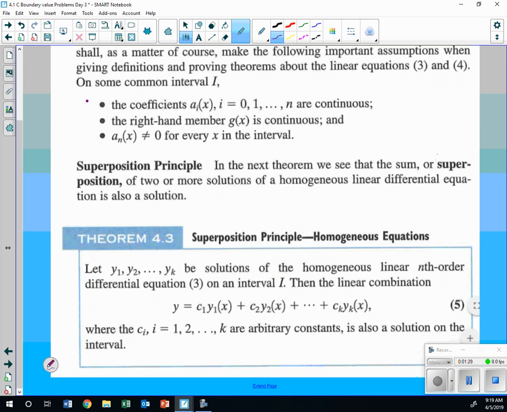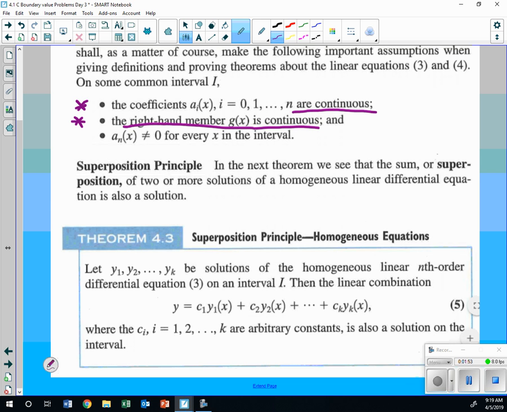A lot of times they're going to give you some solutions, and when they give you solutions, we're going to assume these three things. Coefficients are continuous, like the x's or the 3's and 5's. If it's non-homogeneous, that right-hand member g of x is continuous. That is going to be a big deal that we won't even talk about, we just kind of assume.